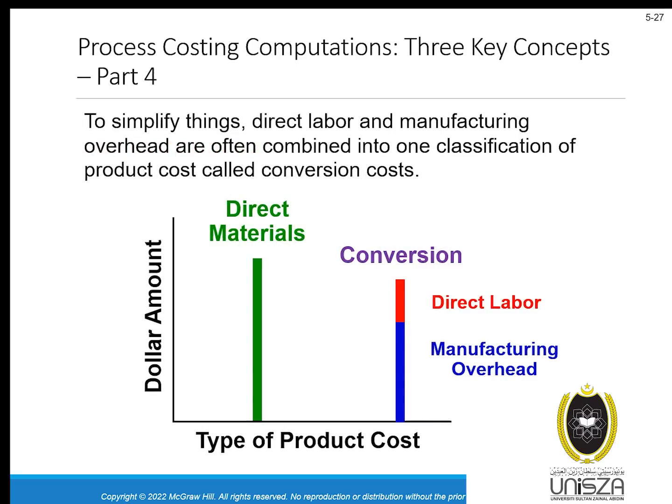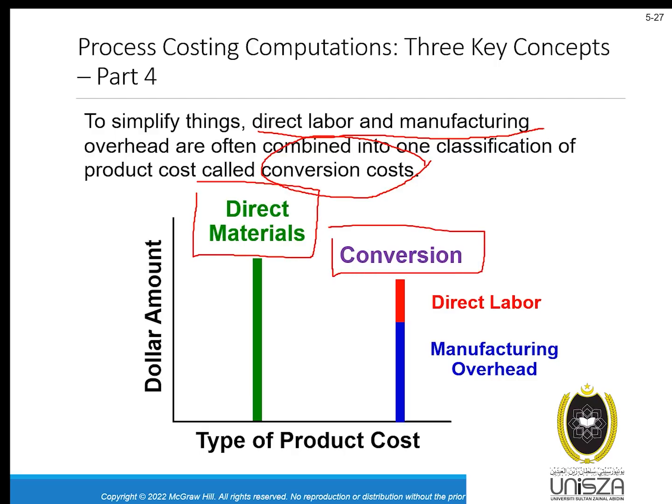To simplify things, direct labor and manufacturing overhead are often combined into one classification of product cost called conversion costs. Meaning that in the calculation of the process costing system, we have one on direct material and the second one is conversion cost. Conversion cost comprises direct labor and manufacturing overhead.